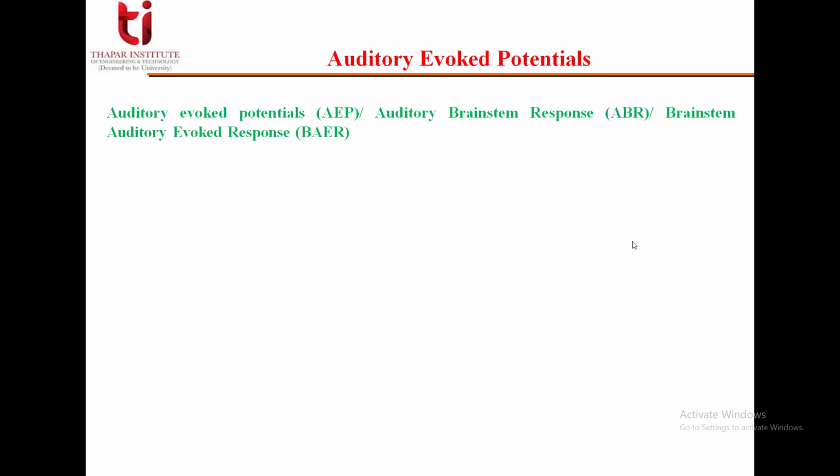They are also known as auditory brainstem response or brainstem auditory evoked response, because as we know, the part of the brain mainly involved in the auditory system is the brainstem.